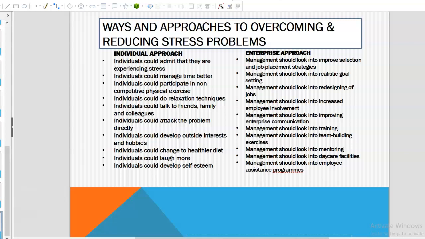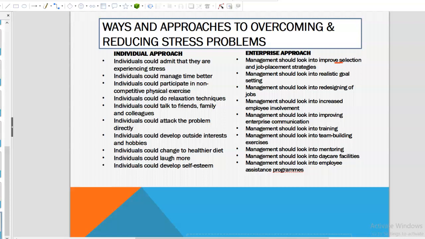So, what about the enterprise approach? What should management do or look into? They should look into improved selection and job placement strategies.